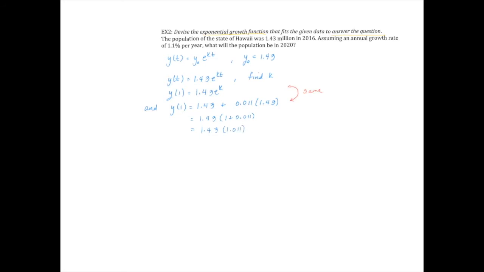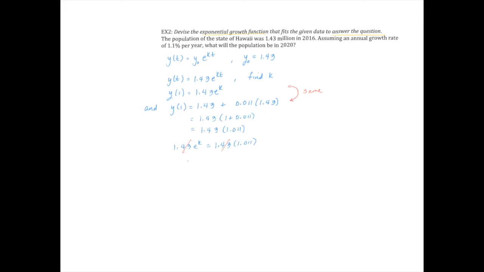Now when I set those two values equal to each other, I'll have the equation 1.43 e to the k is equal to 1.43 times 1.011. So notice that the 1.43 will cancel on each side.